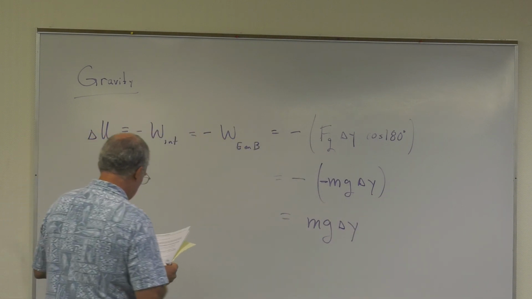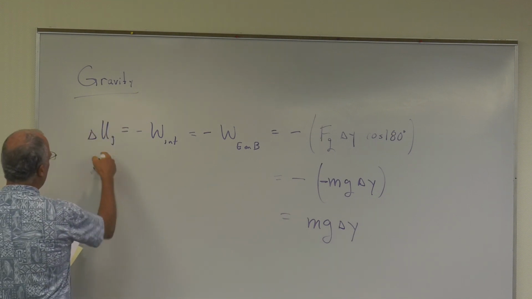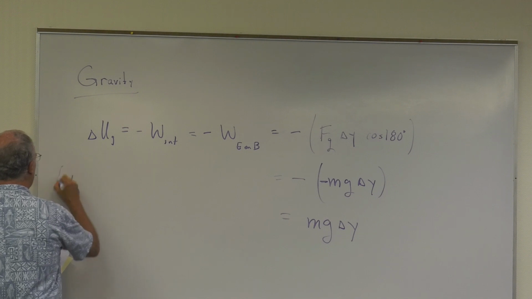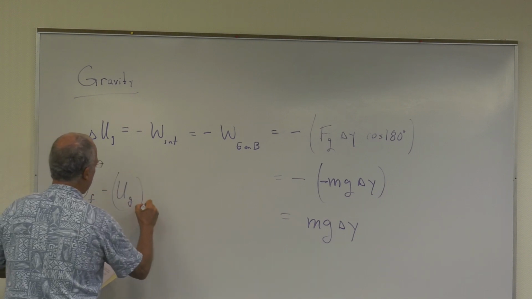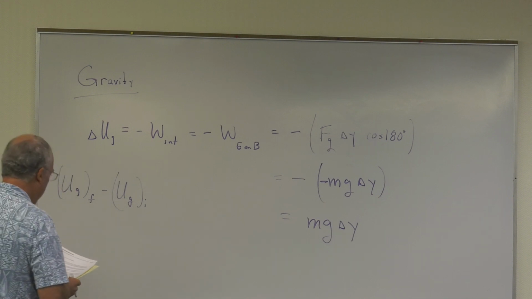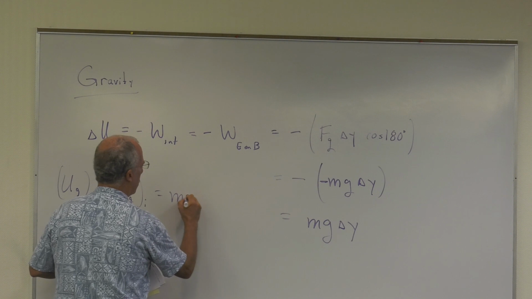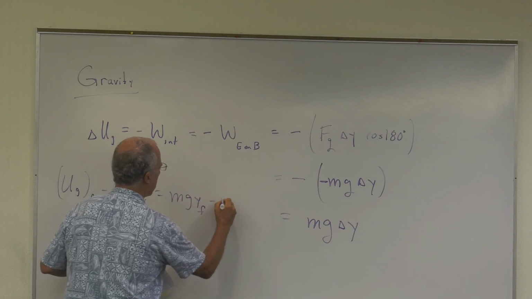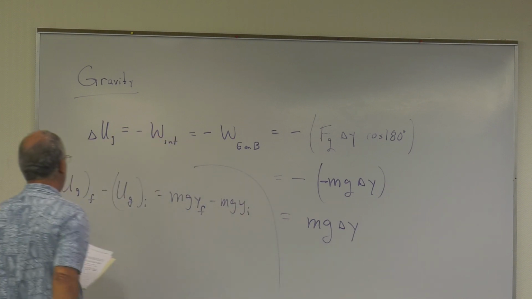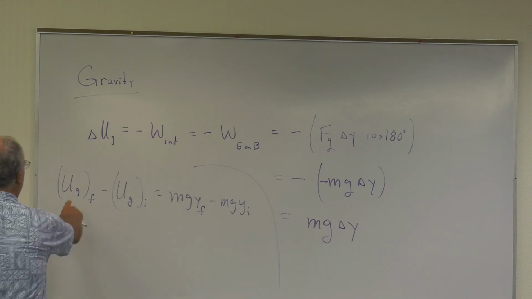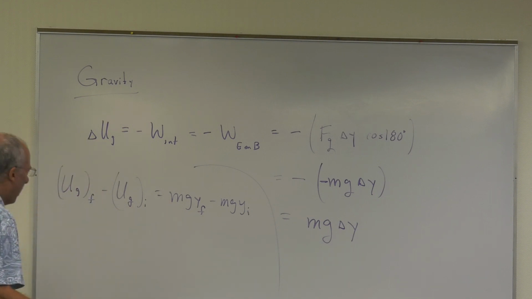So what's this? The delta Ug is Ug final minus Ug initial. Agree? And what is it? That's equal to mg y final minus mg y initial, right? So therefore, this has to equal that. So what can we just say?